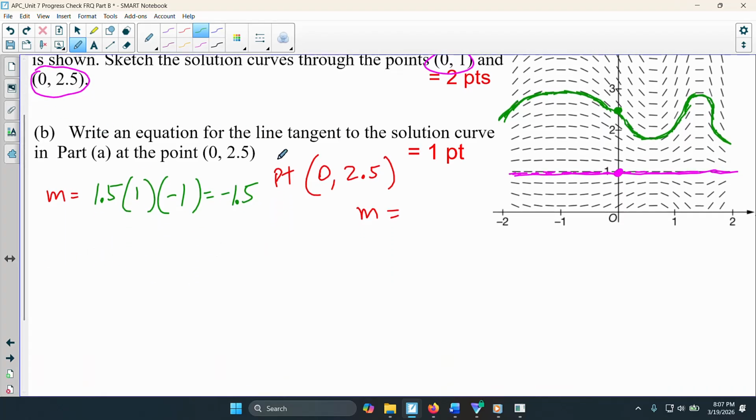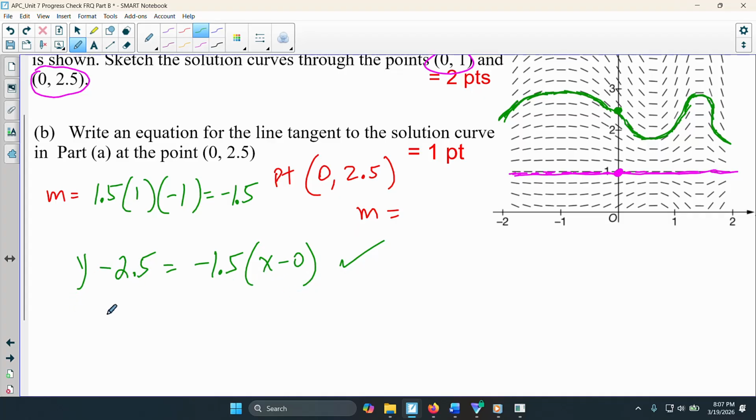So the equation of a tangent line: y minus the point's y-value, 2.5, equals the slope, -1.5, times x minus 0, which I can write without the minus 0. You can leave it like this; you don't have to simplify it.